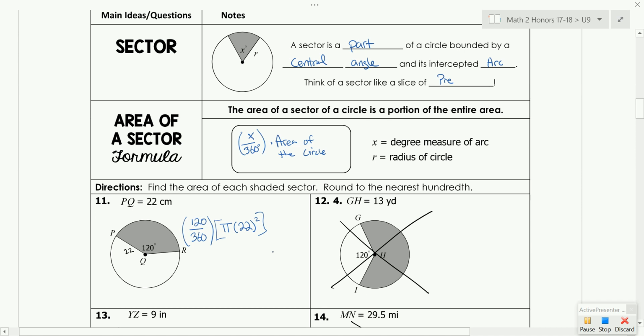I'm going to type in 22 squared first times pi times 120. We could reduce that fraction first, but since we're using a calculator, we don't need to. And then I divide all of that by 360. And I get 506.84. What are my units? Centimeters squared, because now we're looking at area, okay?